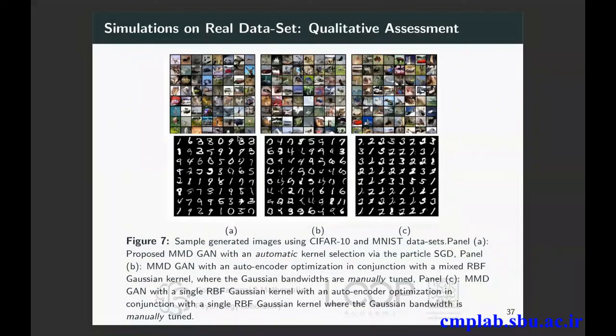Visually they look similar, but what this figure doesn't show is the amount of time you need to optimize the kernel. Clearly, if you use a validation data set, a cross-validation technique, it takes much more time to optimize the kernel. But in figure A, you can optimize the kernel very quickly. I will show you some quantitative results with regard to the runtime of each method.